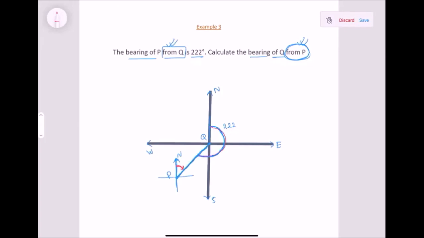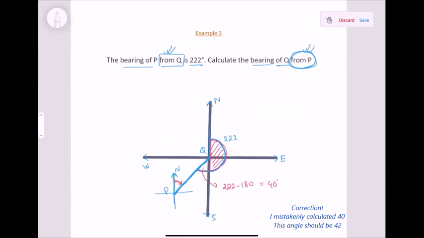This total angle is 222, and this part is actually 180. So this is 222 minus 180, which is 42 degrees. So since we have the Z here, the north lines are parallel to each other. So these are alternate angles. If this is 40, in that case, this angle is also 40. So bearing of Q from P is actually 40 degrees.